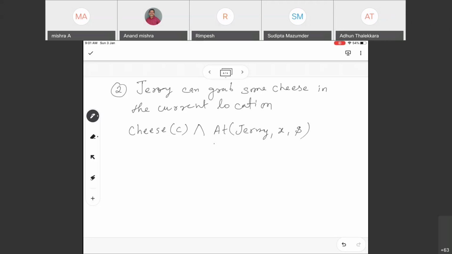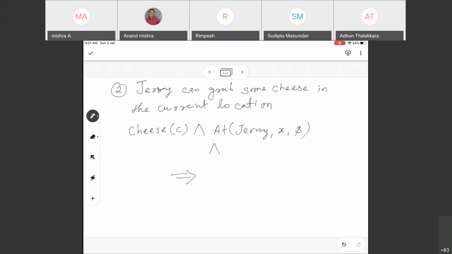So at which location is the cheese? Anyone? Jerry is at X. Cheese must also be at X. Then only is this what we are trying to describe.